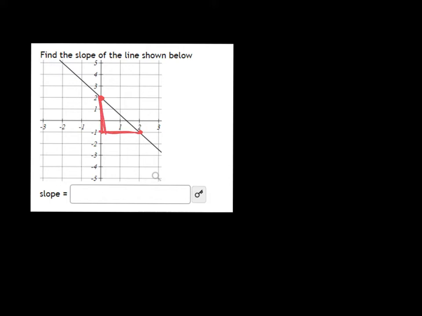Now, I'm going to say this a lot, but if a line goes uphill as you are walking from left to right, it's positive. If it's downhill, it is negative. So the slope of this line, because it's going downhill, I know has to be negative.